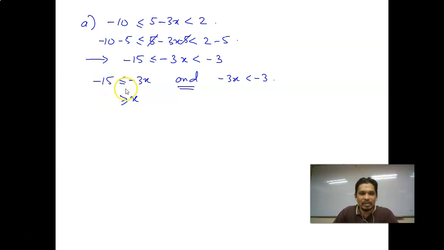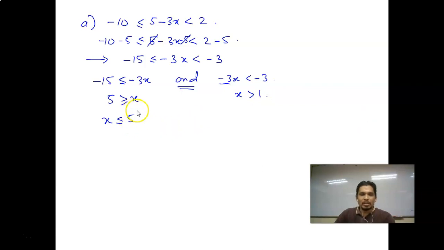Negative 15 divided by negative 3 is 5. So we write it in the proper way: x less than or equal to 5. And for this one, divide by negative 3, the sign changes, and we come up with x greater than 1.